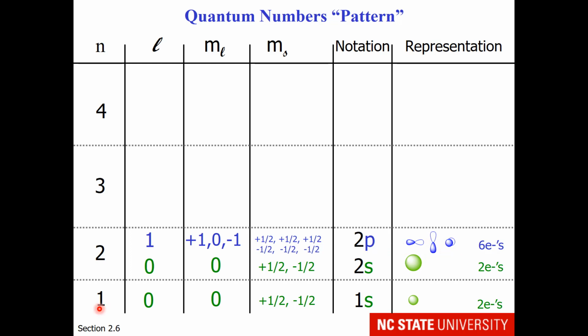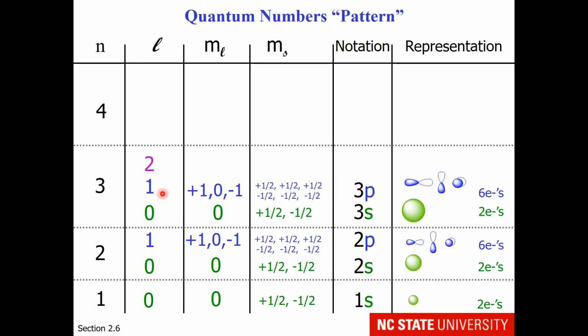All right, if the first level only has one sublevel, and the second level splits into 2 sublevels, the third level splits into 3 sublevels. So there is a 3s that holds 2 electrons. Now we have L equal to 1, so that gives us a 3p, and the combination of these values gives us holding space for 6 electrons.